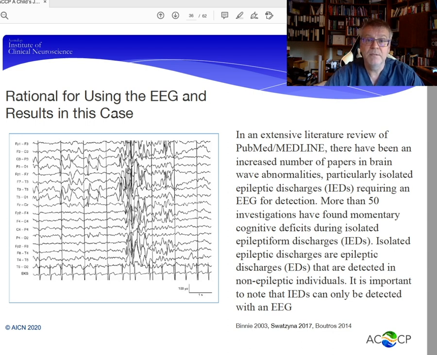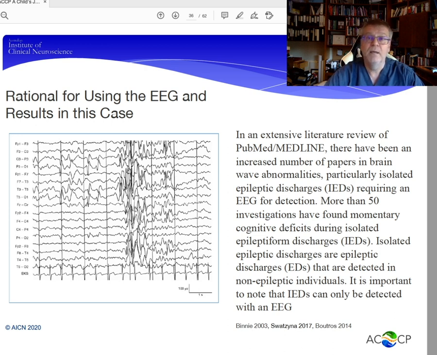And the IEDs are occurring in a large percentage of patients or children that are showing these developmental delays. It's important that these IEDs can only be detected with an EEG.